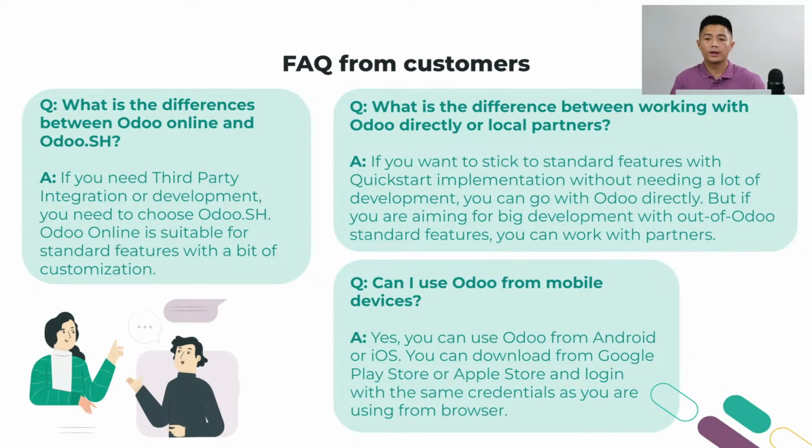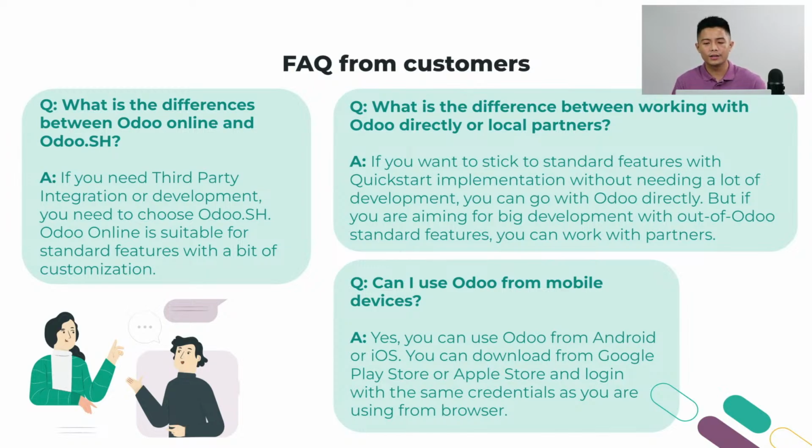However, if you are a medium to enterprise customer focused on growth, and you have customizations, integrations, and development requirements, you are better off working with an Odoo implementation partner in your region. You can go to odoo.com and look for our partners that are available in your region. We have ready, silver, and gold partners who can help you with your implementation.